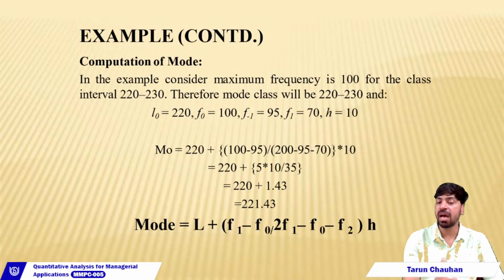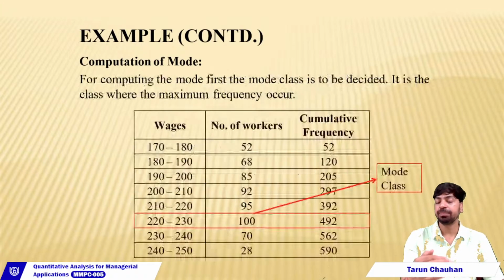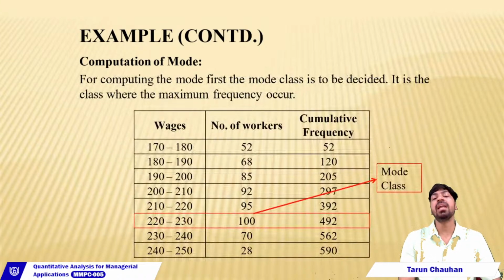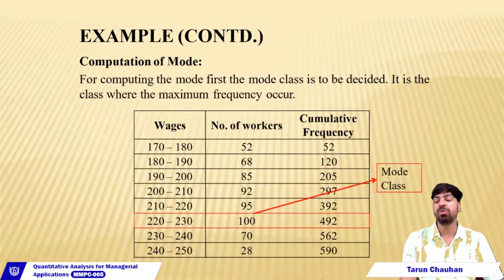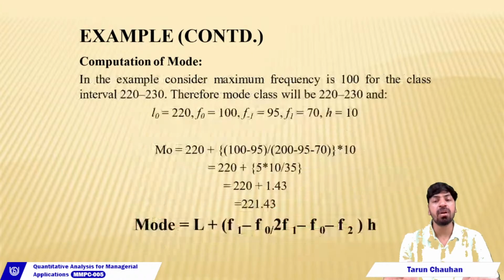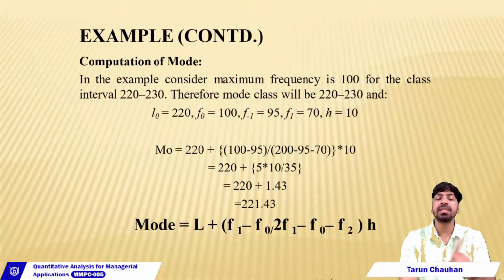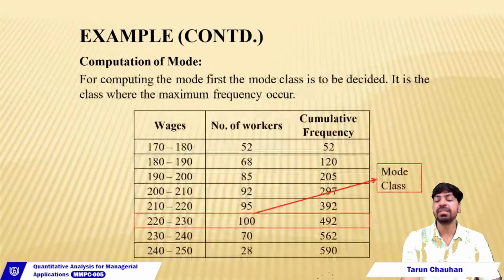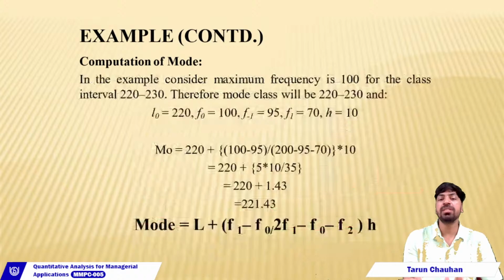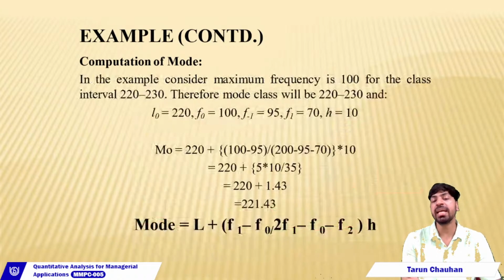If the mode class is 100, F1 is the frequency before the mode class, and F2 is after the mode class. So once you get the values of all, put the values into the formula, you will get the value of mode. H is the common difference among all the class intervals. The common difference is 10. So once you estimate the values separately, you will get the value of mode.